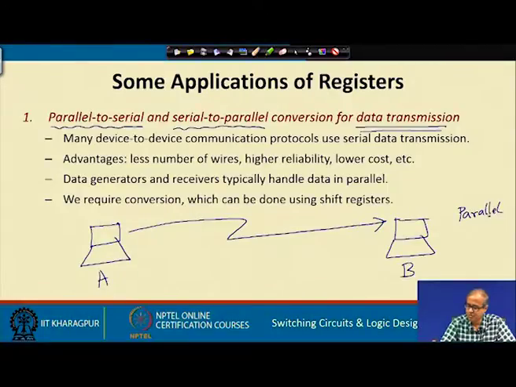Data are stored in parallel in registers, but when you transfer the data, because of various cost considerations, you normally transmit data in a serial fashion. Serial fashion means there is a single wire over which the bits are transmitted one bit at a time.